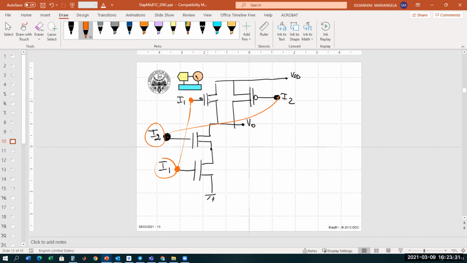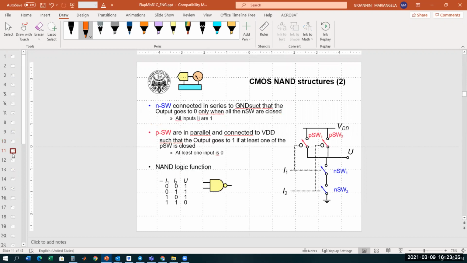So the conclusion is that the NAND function is obtained by NMOS that are connected in series and PMOS that are connected in parallel. Clear? Is this clear for all? Questions?